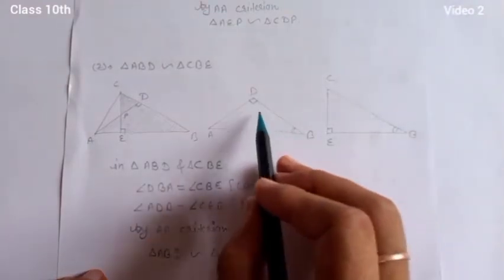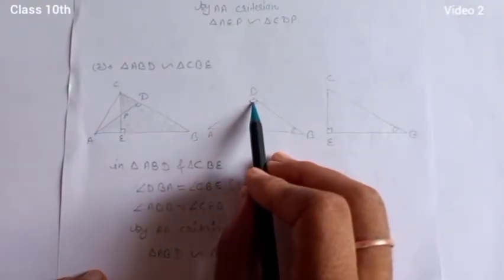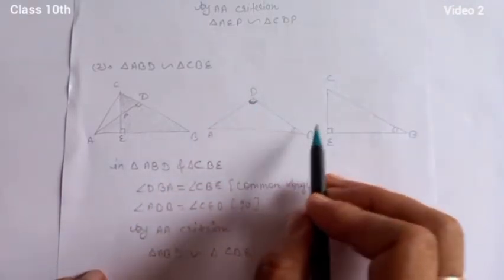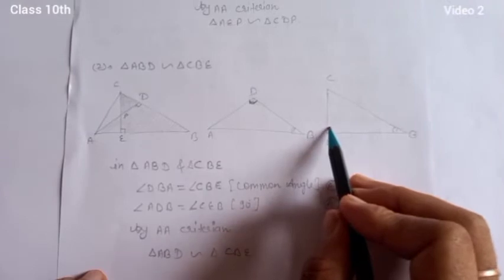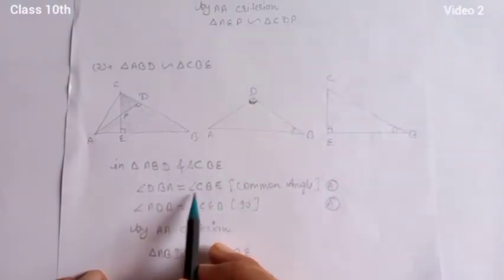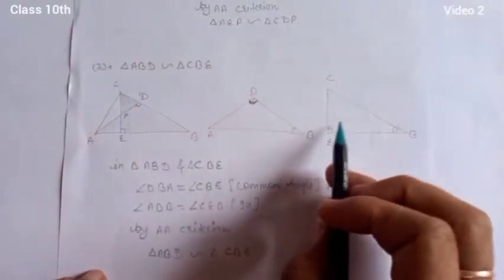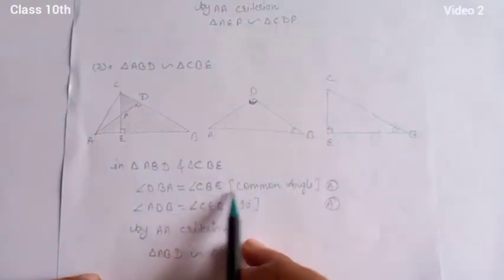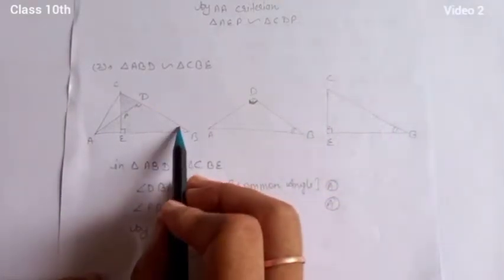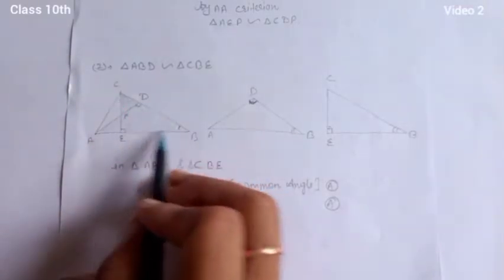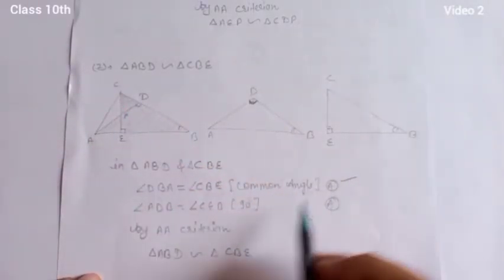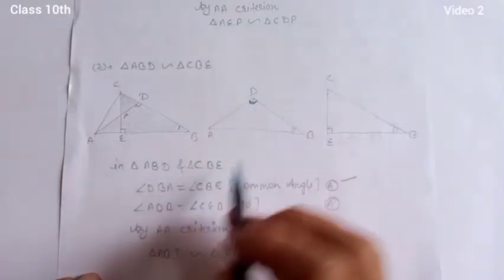So students, one thing is given: the altitudes are perpendicular, ADB and CEB are both right angles. So angle DBA is equal to angle CBE. Angle B is the common angle, you can see this one in this triangle and in this triangle. So the first one is equal, and the other is a right angle.